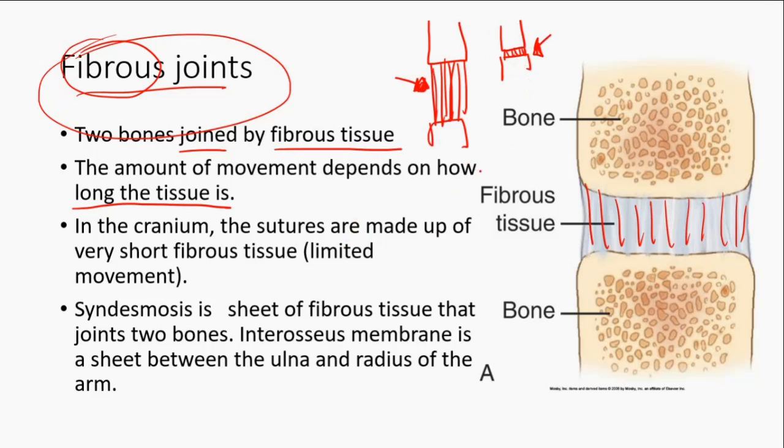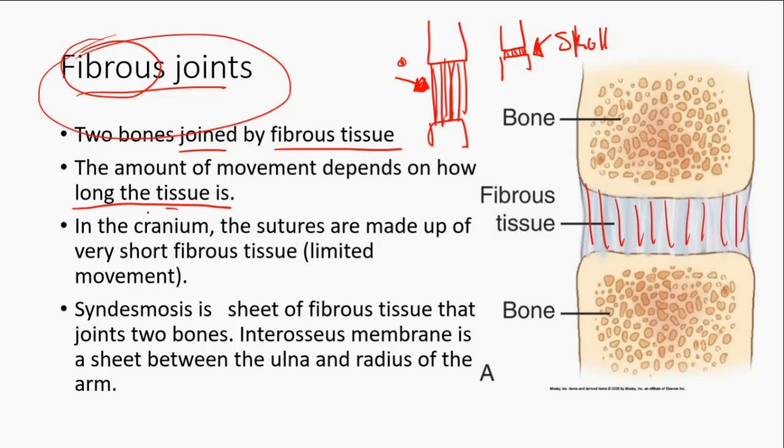this one can move a lot more than this joint here. As an example, this could be the joint that exists between the bones in your skull. They're very tightly put together, and the fibrous tissue between the bones is very short. Whereas this type of fibrous joint might be located between the bones in your arm, for example between your ulna and your radius. So it allows for a little bit more movement in your arm.